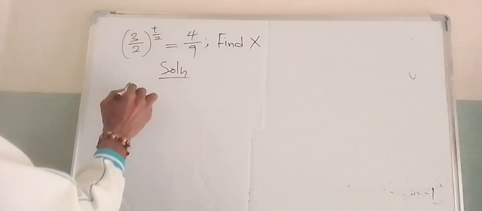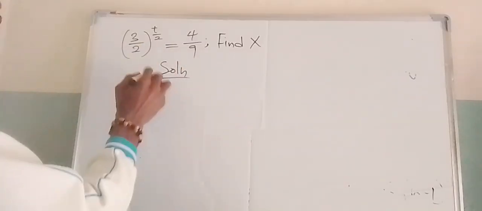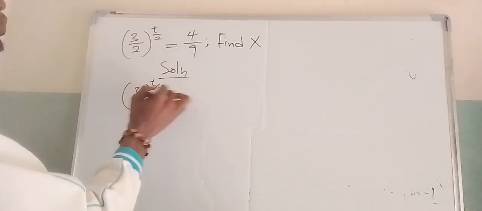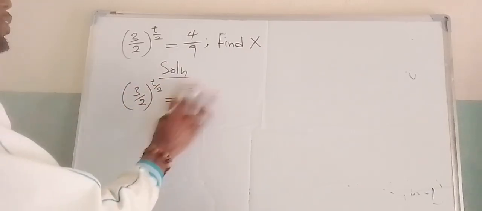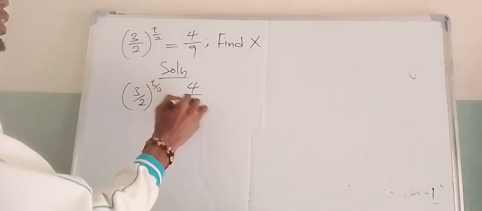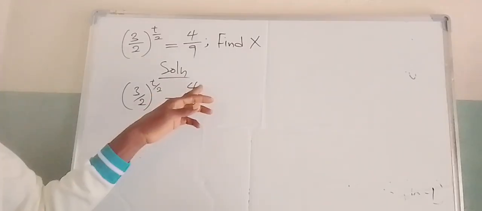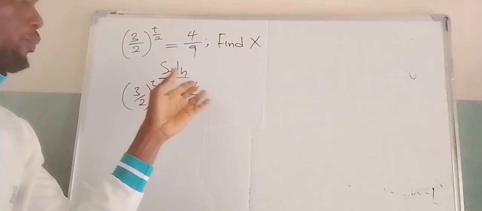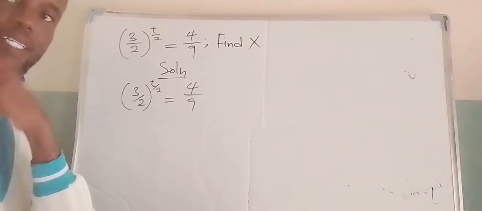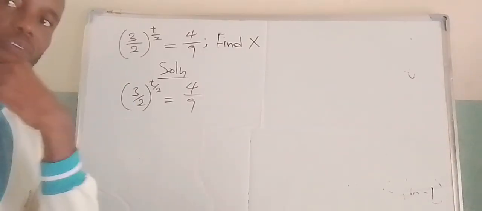Solution: we have (3/2) raised to x/2 equals 4/9. If you look at it, the numerator and the denominator on the right-hand side are both perfect squares.